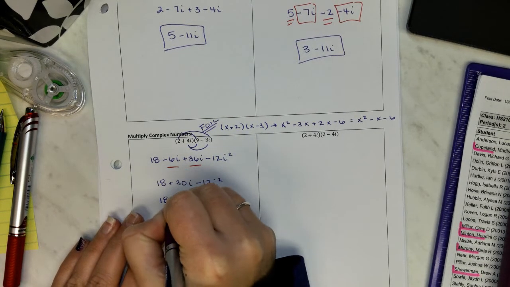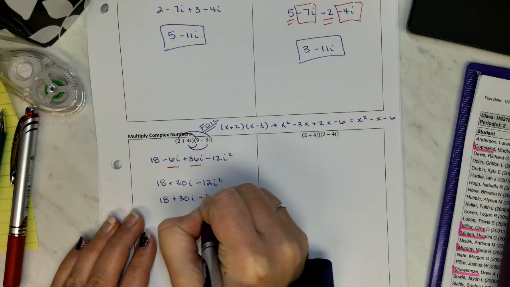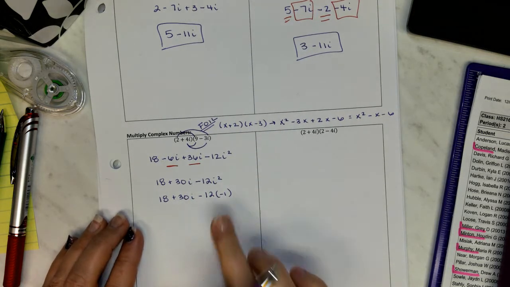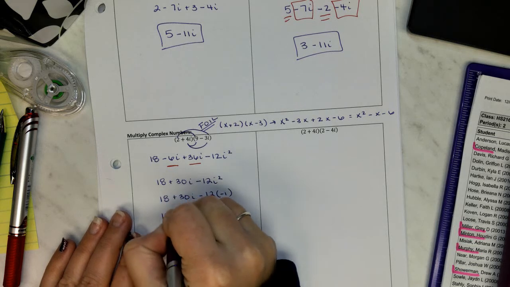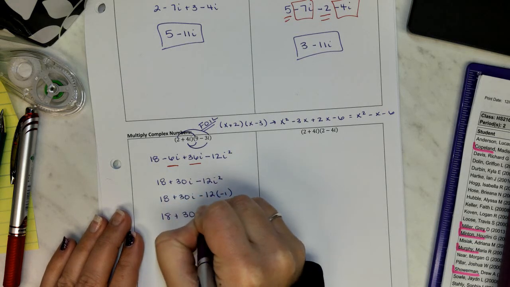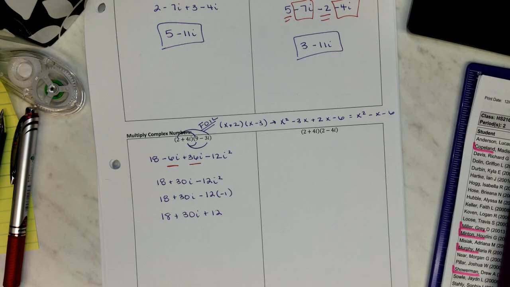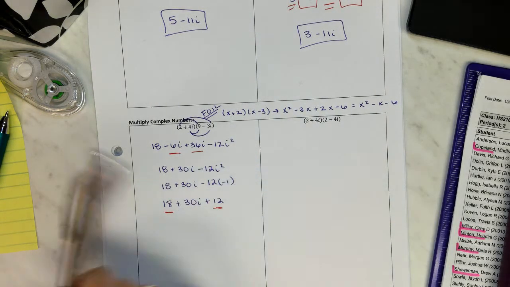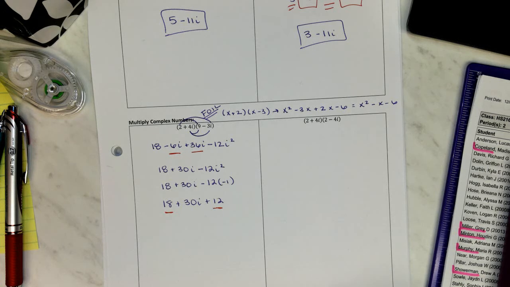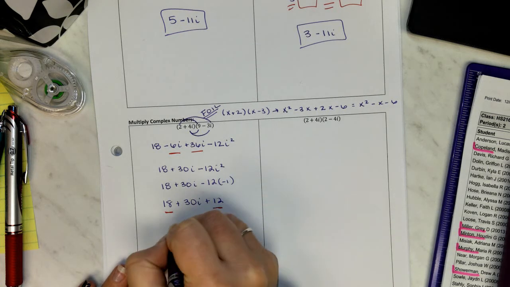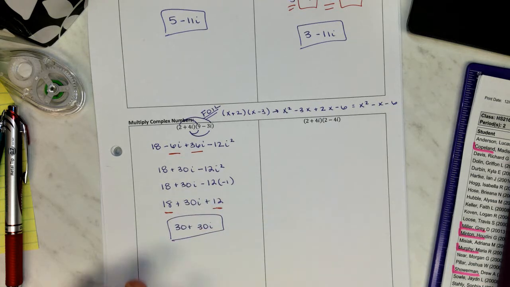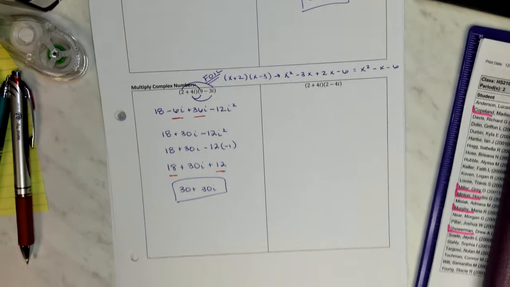So we actually have 18 plus 30i minus 12 times negative 1. So that's actually going to turn into 18 plus 30i plus 12. And now, once you've taken care of that i squared, you'll notice that we again have more like terms. 18 and 12 are like terms. So we have 30 plus 30i. And that would be our final answer.